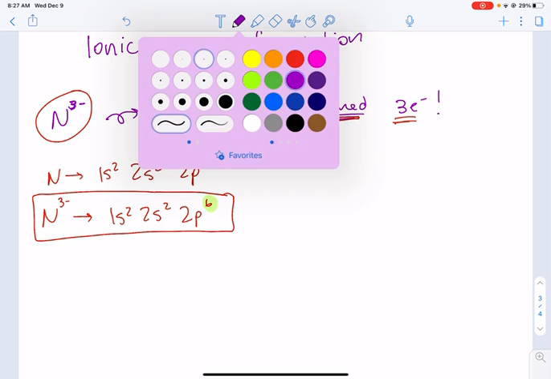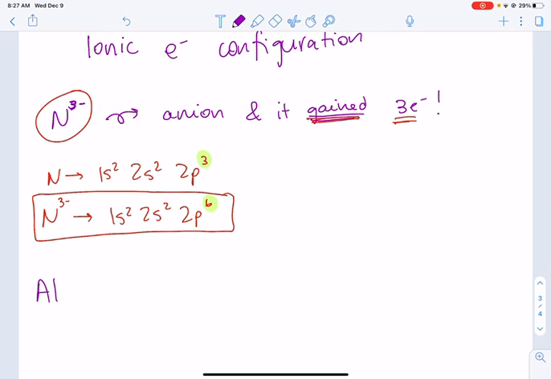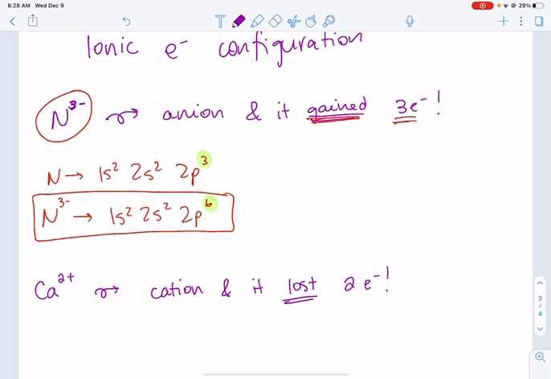Let's do another example. Let's do aluminum. No, let's not do that. Let's do calcium 2+. So this is a cation, and it lost how many electrons? 2 electrons.